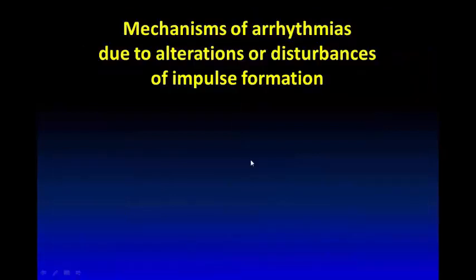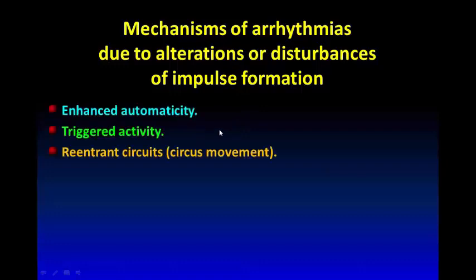Thus, the mechanisms of arrhythmias due to alterations or disturbances of impulse formation include enhanced automaticity, triggered activity, and reentrant circuits, which are also known physiologically as circus movements.